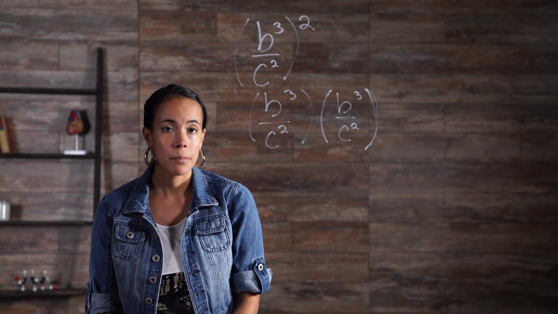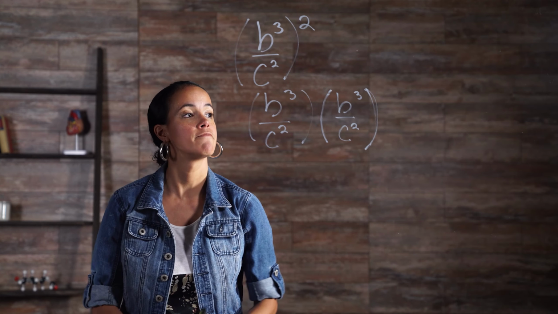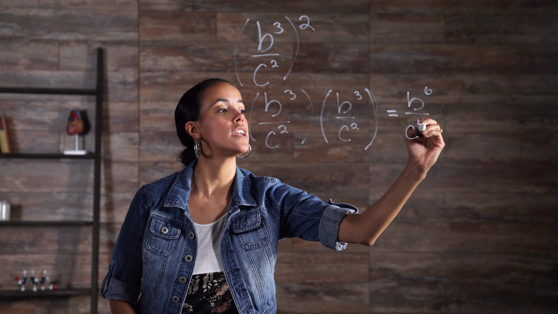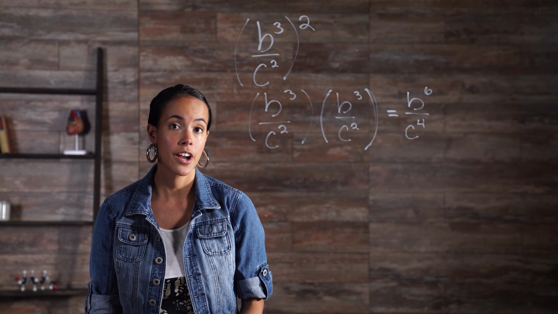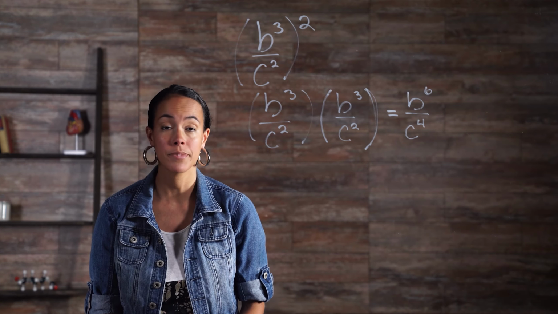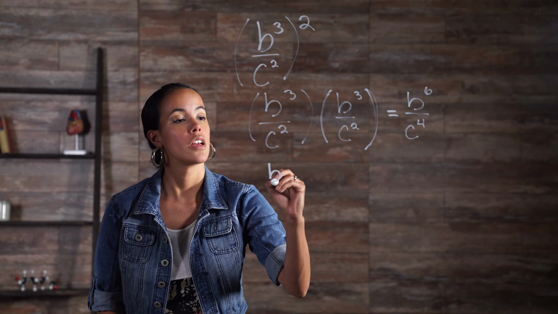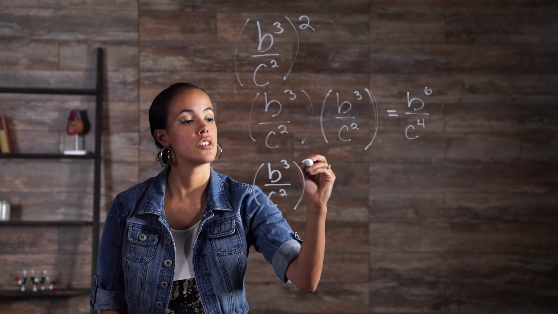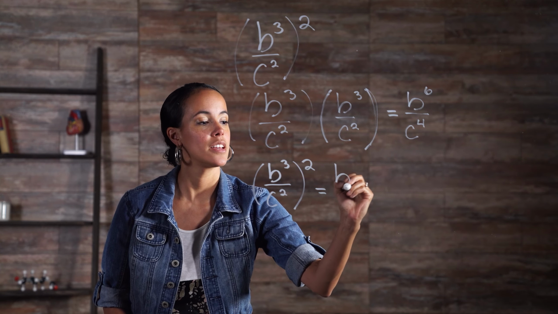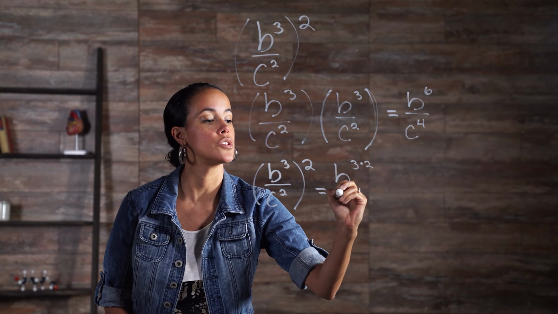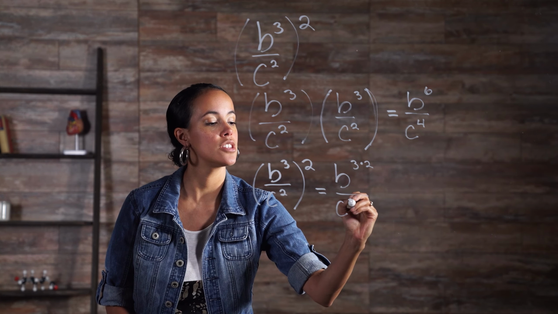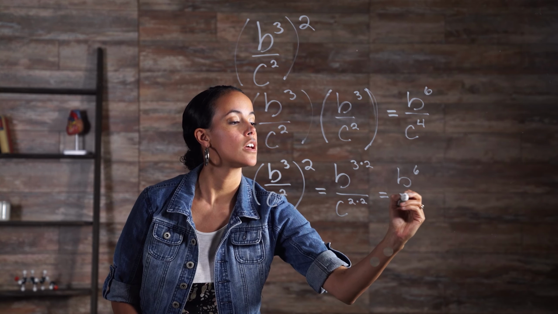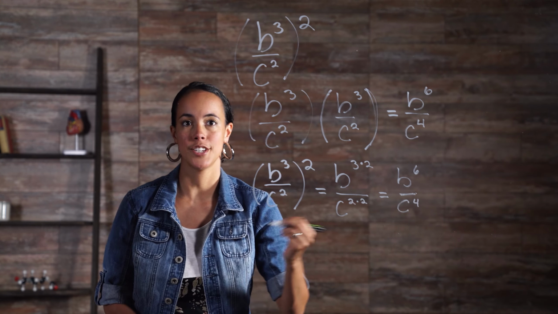The product of powers property results in the simplified expression b to the sixth over c to the fourth. However, applying the power of quotient property directly is often more efficient. b to the third over c squared, squared, equals b to the 3 times 2 over c to the 2 times 2, which equals b to the 6th over c to the 4th.